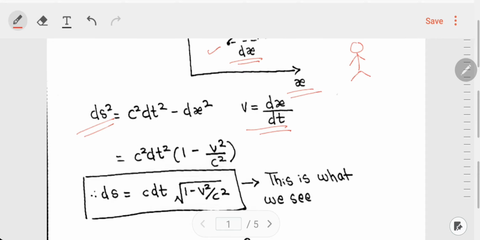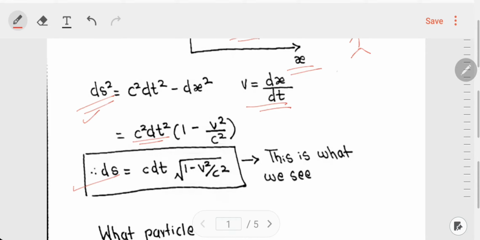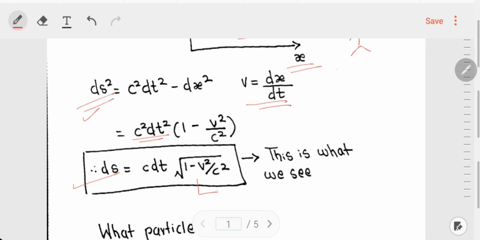Rearranging the terms and taking c square dt square common, we have ds square is equal to c square dt square times 1 minus v square by c square. Further we take the square root and we get ds is equal to c dt times under root 1 minus v square by c square. If you look properly, this is nothing but 1 over gamma, that is our Lorentz factor.